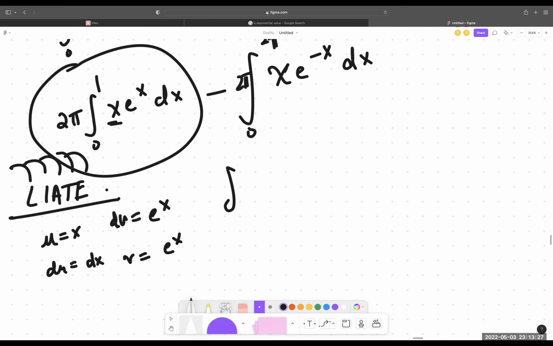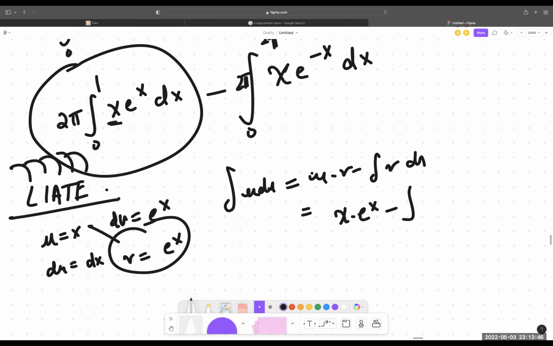And then we look at the formula, the integral of u dv is equal to u times v minus the integral of v du. So we do something of a crisscross there, where u times v is just x times e^x, minus the integral of v, which is e^x, with respect to dx, which is just x e^x minus the integral of e^x, which is again e^x, and that's what we have.